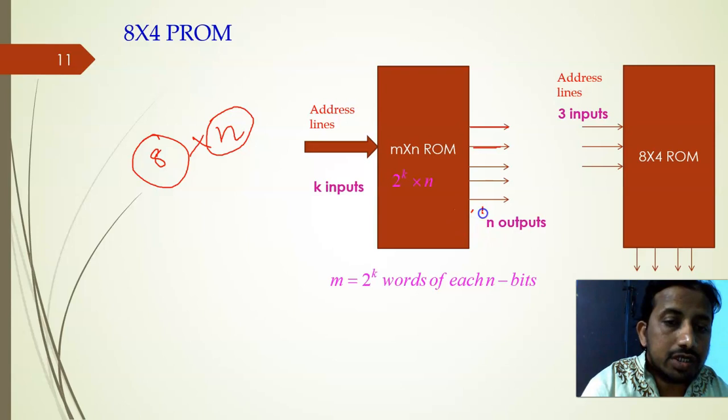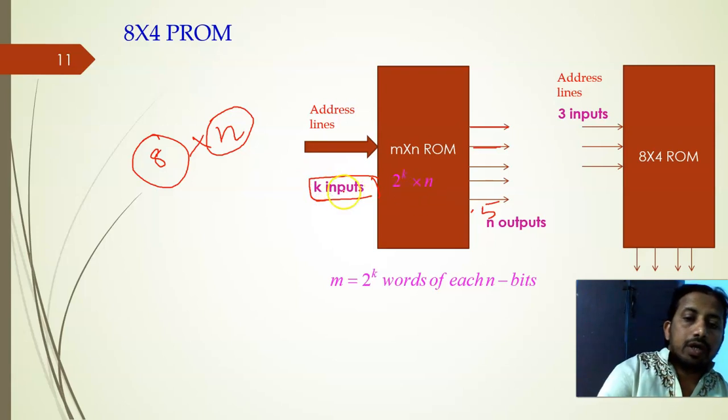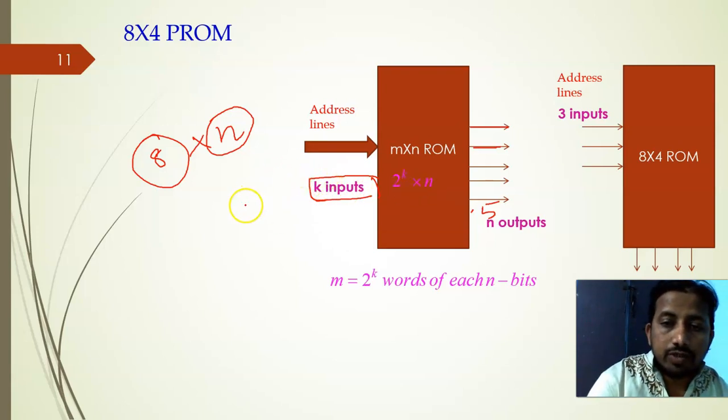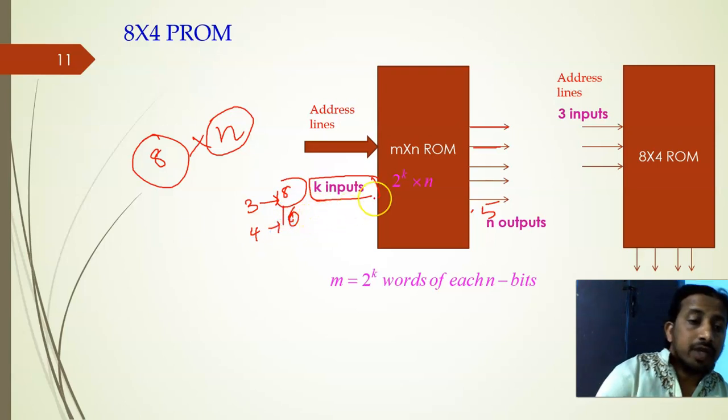This is the ROM size, and you are having k inputs. K inputs are nothing but address lines. Suppose your address lines is 3, you would be generating 8 terms. If your address lines is 4, you would be generating 16 terms. That is the difference.